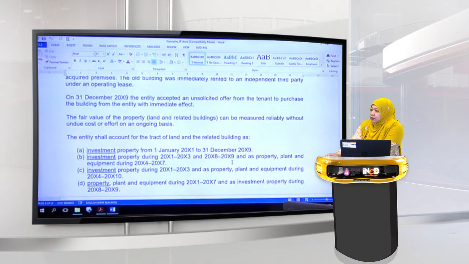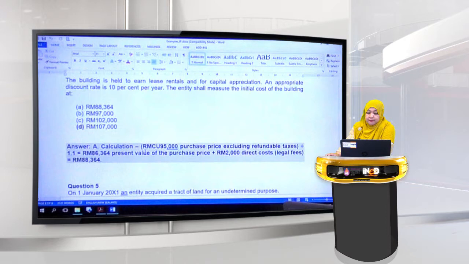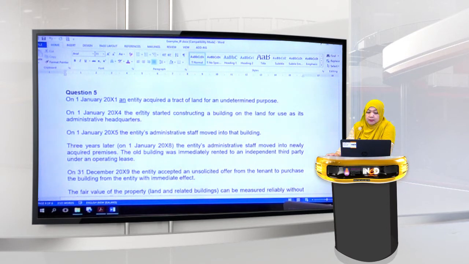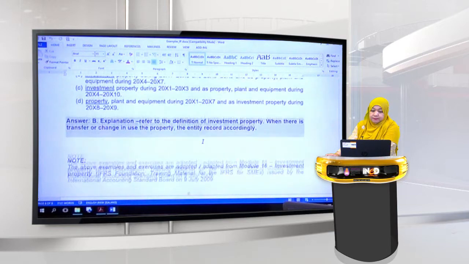So the entity shall recognize the tract of land and related building as, the answer is B, investment property during 20X1 to 20X3, and 20X8 and 20X9, and as property, plant and equipment during 20X4 to 20X7. Right, so if you look at the period from 1st January 20X4 to 20X7, this falls under the definition of PPE.